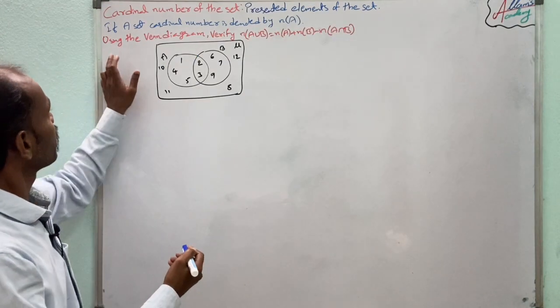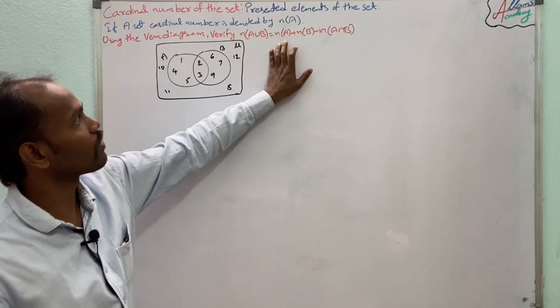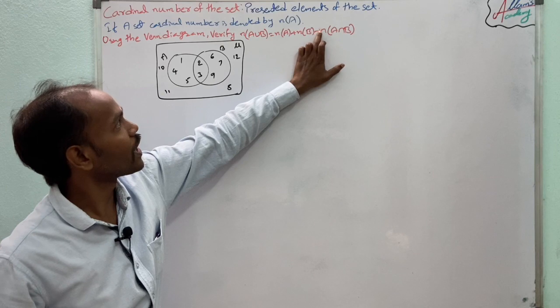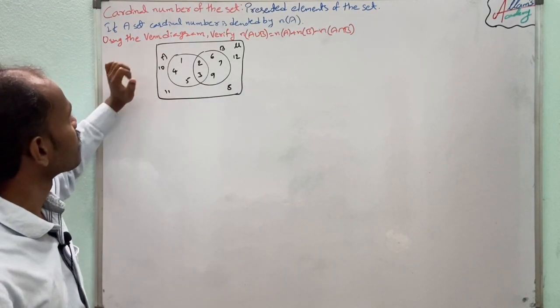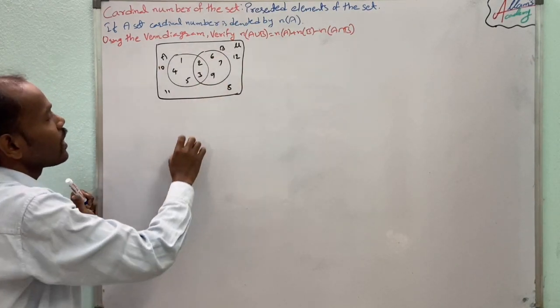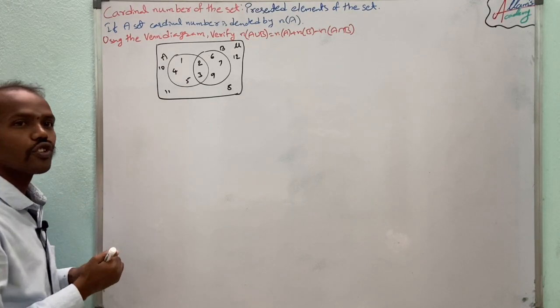Now here given a problem: using the Venn diagram, verify number of A union B equal to number of A plus number of B minus number of A intersection B. Here is the Venn diagram. So here set A and set B are given. Now here mu set, the mu set means universal set.